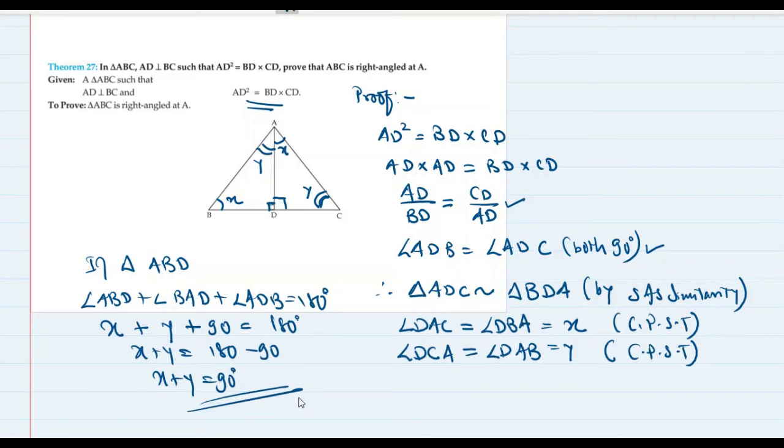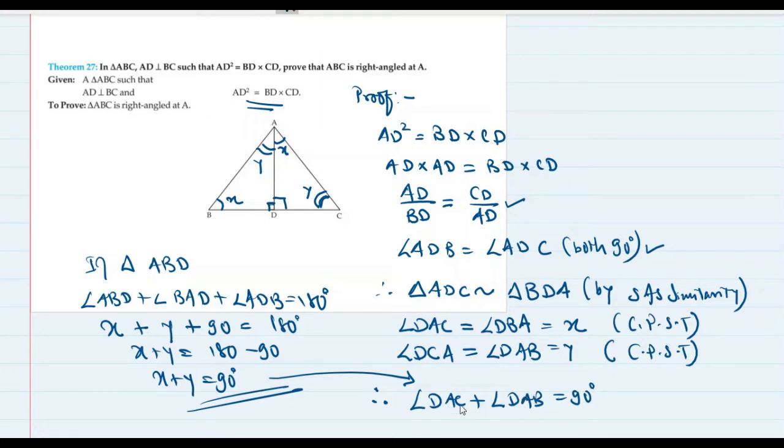Now if we have proved that X plus Y is 90, we can say that therefore angle DAC plus angle, what is Y? Angle DAB is equal to 90, right? Angle DAC plus angle DAB is equal to 90.